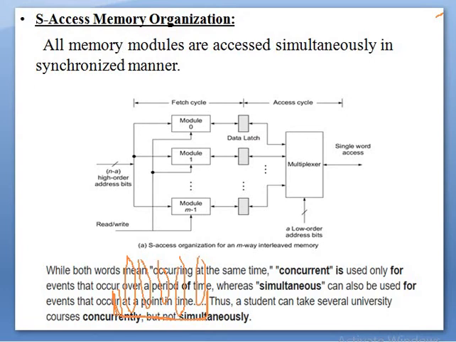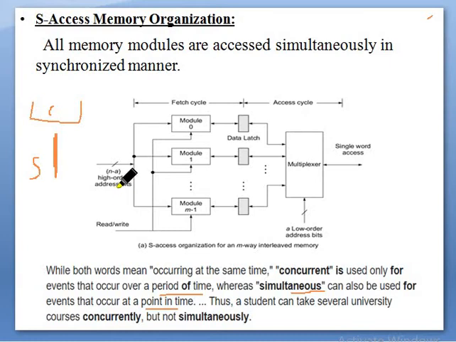In day-to-day life we feel concurrent and simultaneous are the same, but concurrent means it happens over some period of time, whereas simultaneous means it is instantaneous, exactly at that point in time. That is the difference between concurrent and simultaneous.